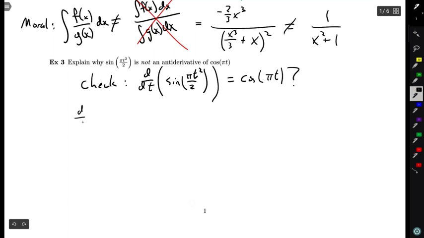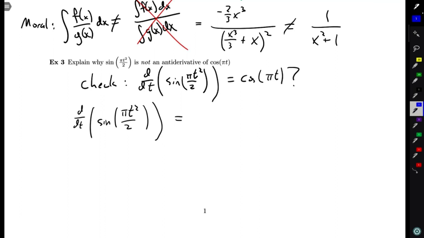We know that d/dt of sine of pi t squared over 2 requires us to use the chain rule, because I have an outside function and an inside function. The inside function is usually easiest to identify. That's my pi t squared over 2. And the outside function is what's left. So in this case, it is sine.